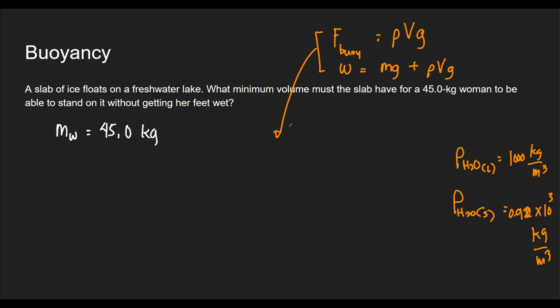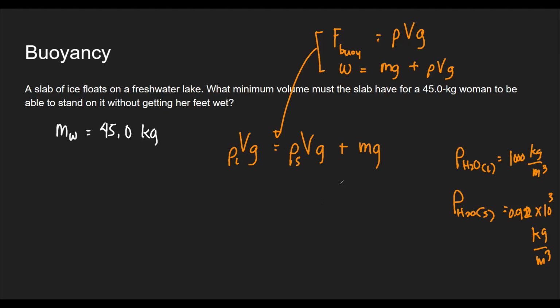So the force is just rho, volume times gravity for water, liquid, which is equal to rho, volume, gravity for solid, plus your mg. This is just your weight. So this is buoyancy plus weight.